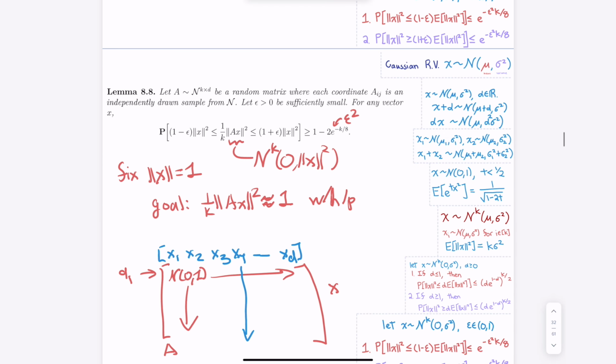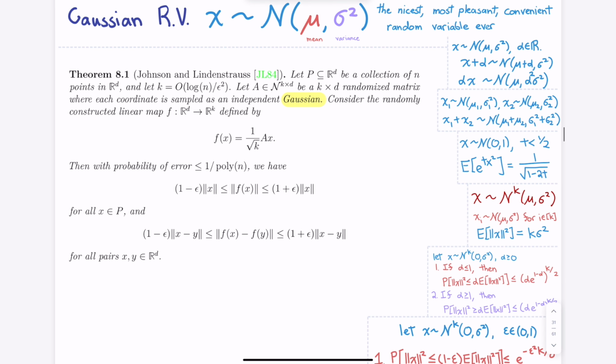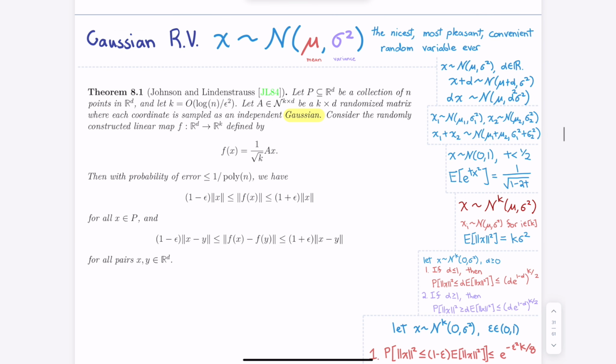So you set k to be log n over epsilon squared. Now you get 1 over poly n probability error. And now when we go back to our original application of trying to embed n different points and all their pairwise distances, you can take the union bound of error, and you won't mess up any of the points or any of the differences between them.